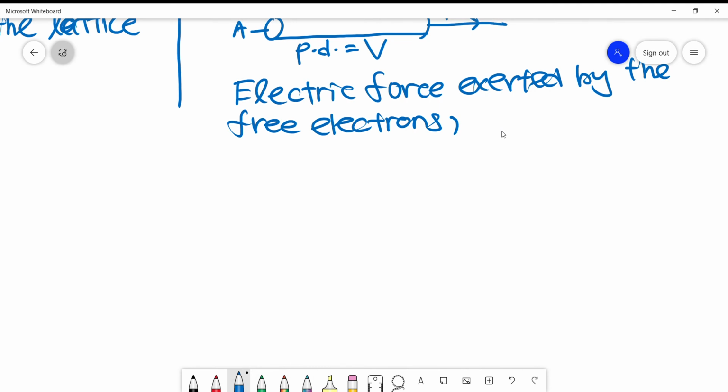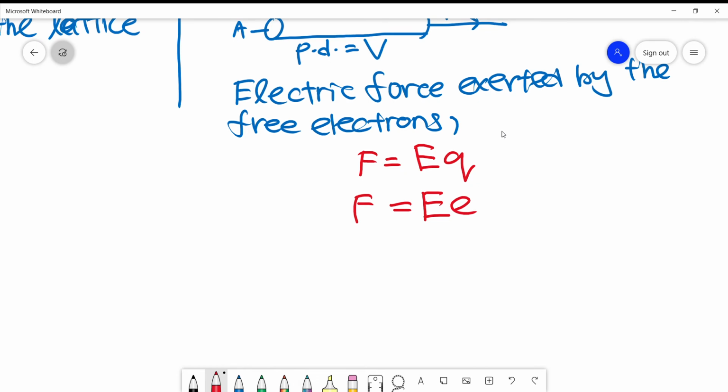So F equals E e. Normally we write EQ, but since our subject is the electrons, we write it as capital E and small e.